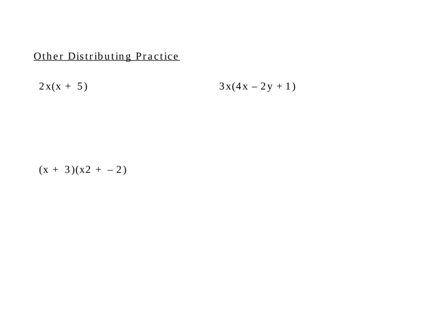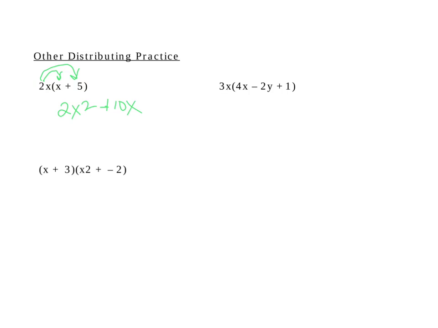All right. How about some other distributing practice? For instance, what happens when I have one number and letter in front of a parentheses? Well, same idea. I take this 2x and I multiply it times the first term and times the second term. 2x times x is 2x squared. 2x times 5 is 10x.